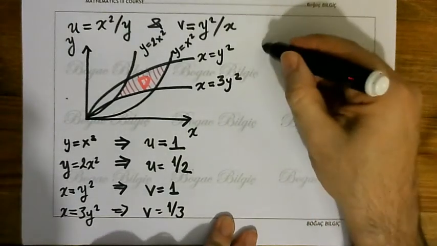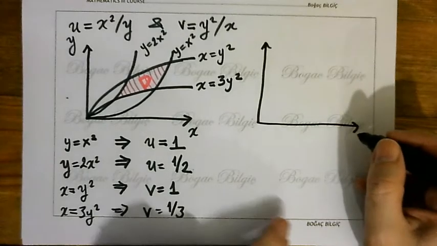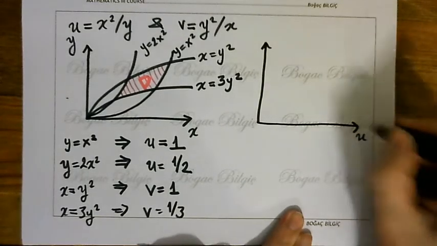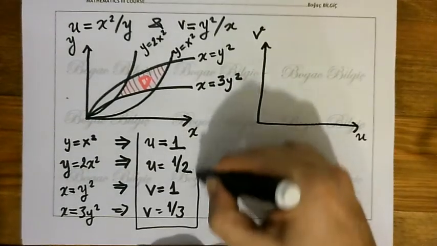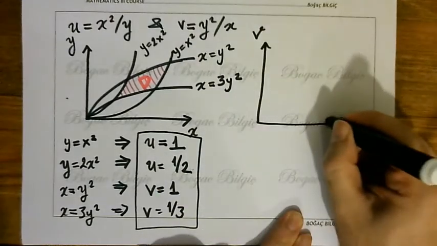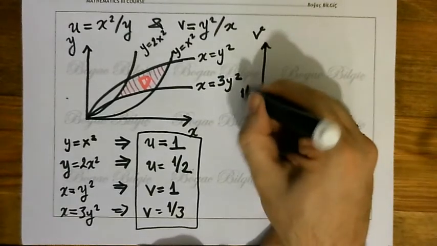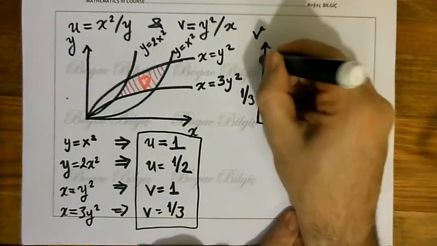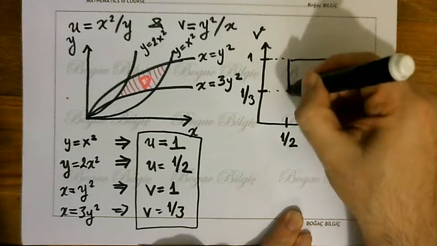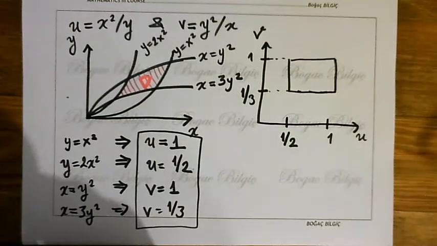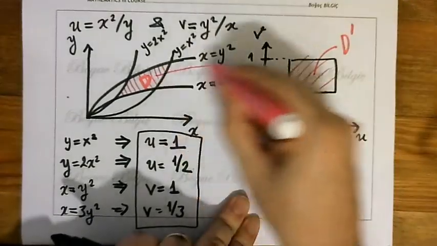So in the transformation to new variables u and v, the new boundaries are 1 divided by 2, 1 divided by 3, and 1. This is the new area after transformation.